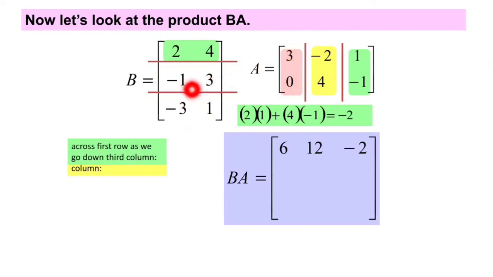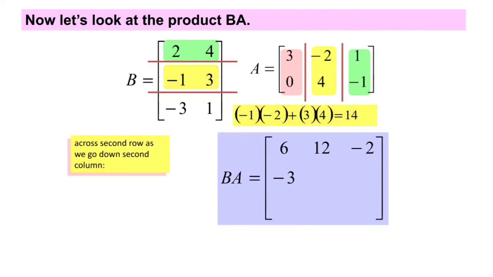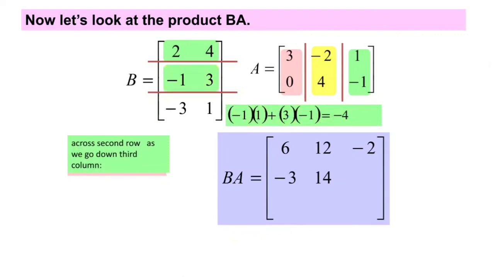Then next one is R2C1, means -1 into 3 plus 3 into 0, that is across the second row as we go down the first column, and that is nothing but -3. Similarly R2C2, across the second row as we go down the second column, you will get 14, and the third one across the second row as we go down the third column becomes -4.